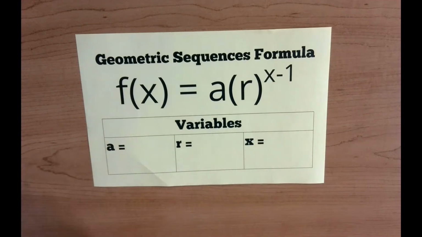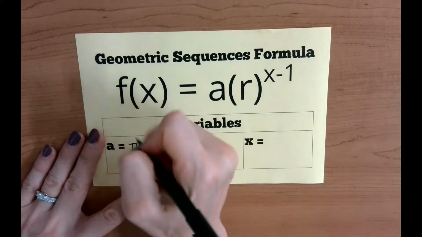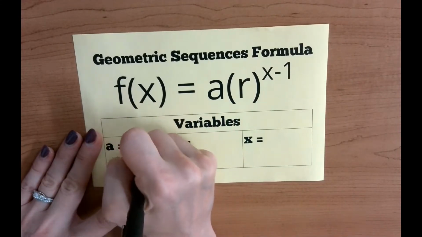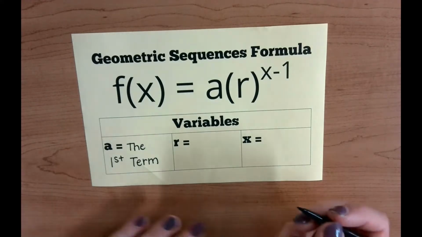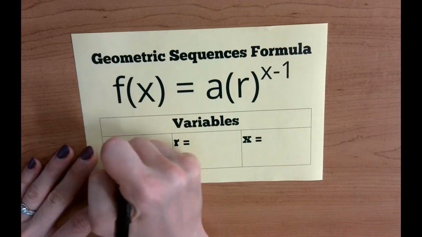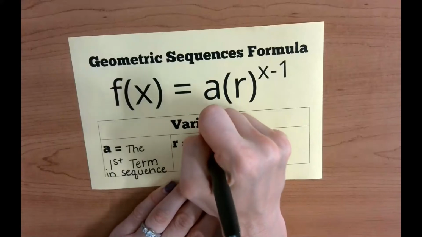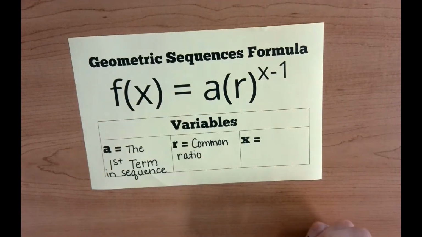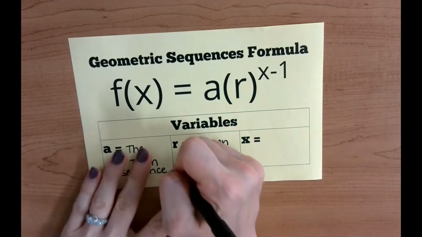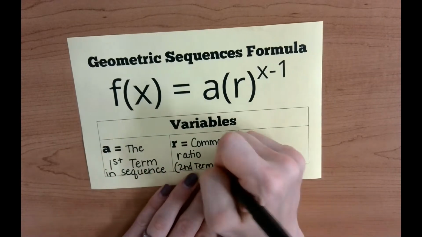So a would be the first term in the sequence. So this again is when we're dealing with sequences. And then your r is your common ratio. And to find the common ratio, we would take the second term and divide by the first term.